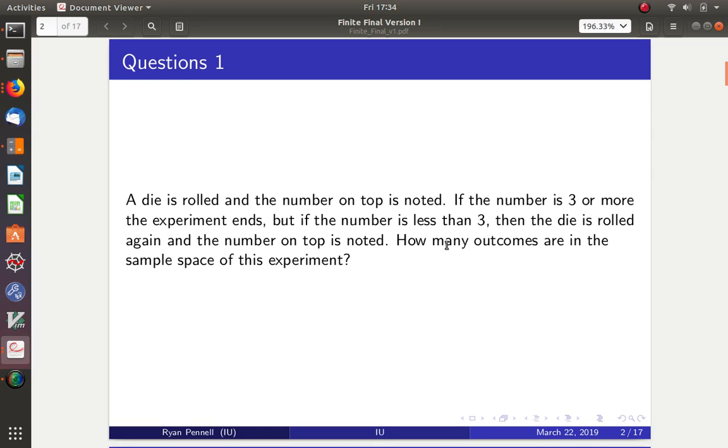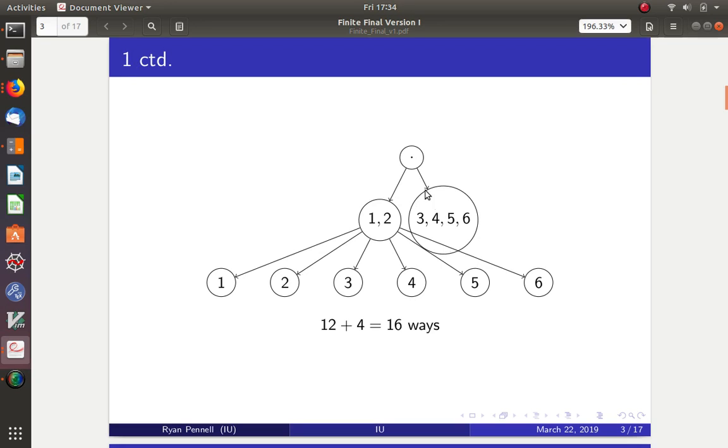Let's take a look at the tree and make sure that makes sense. So here's the beginning of my experiment. From the rules of the game, I made this where if it's 1 or 2, then we roll again and I can get a 1 through 6. So that's 2 and then 6, that's going to make 12.